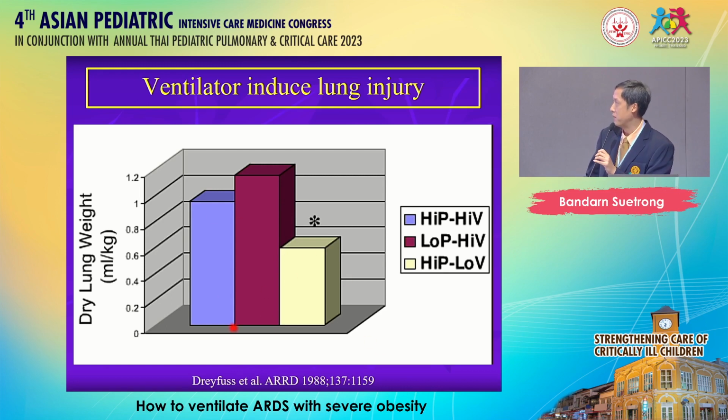The first arm is high pressure, high volume ventilation, and the third arm is high pressure, but they strapped the chest of the animal with a belt, so it was high pressure without high volume. They compared pulmonary edema, or excessive lung water. The result showed that even with high pressure, if we limit the overinflation of the lung, pulmonary edema is much less compared to high pressure, high volume.